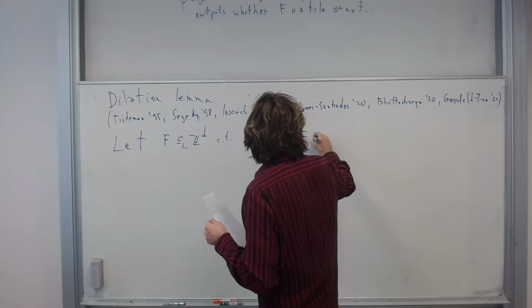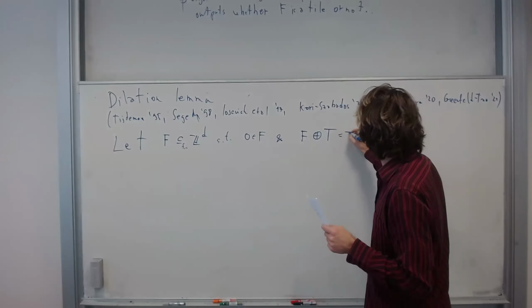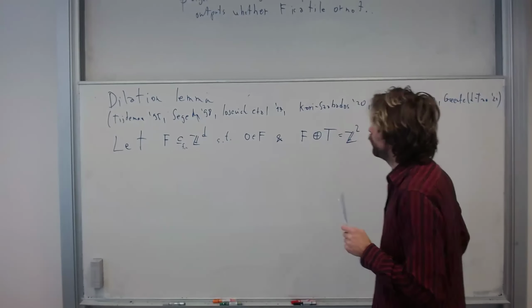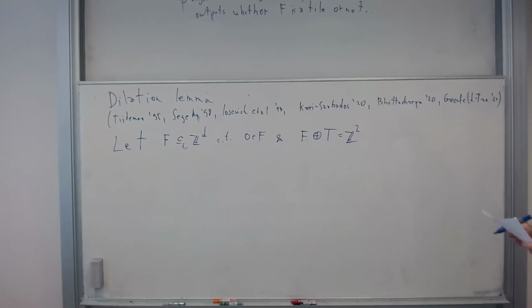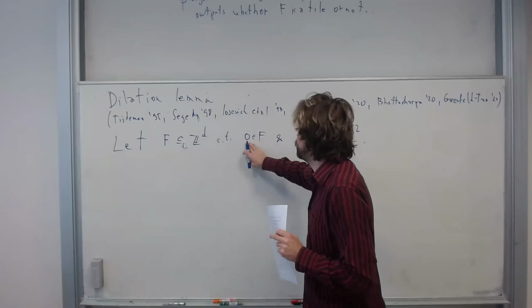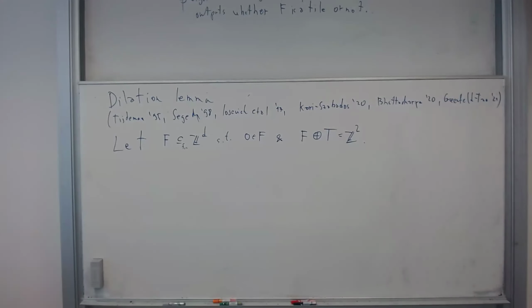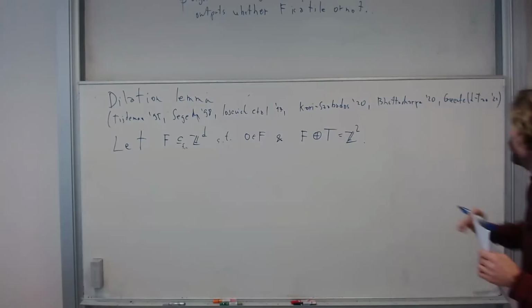So it's a tile with this concrete tiling complement T. Right, so this is the assumption. So we have a tile, it contains the origin, and then we have this tiling complement. Yes, d.